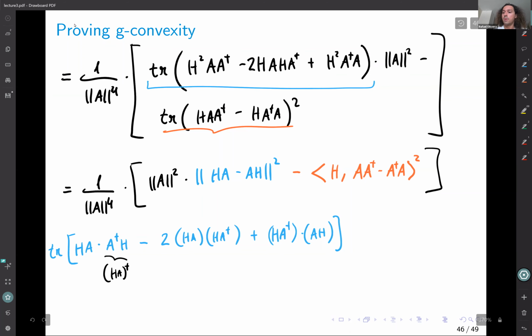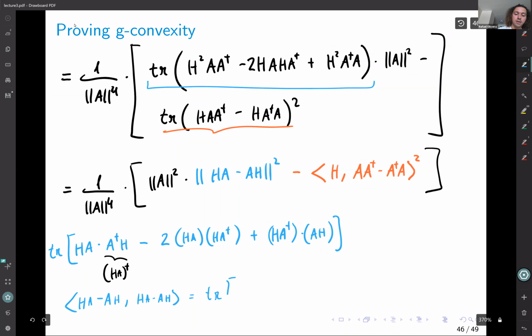And now, what is the expression for the square? If we just compare to the expression of the square, we have the inner product of HA minus AH with itself. What is this inner product?